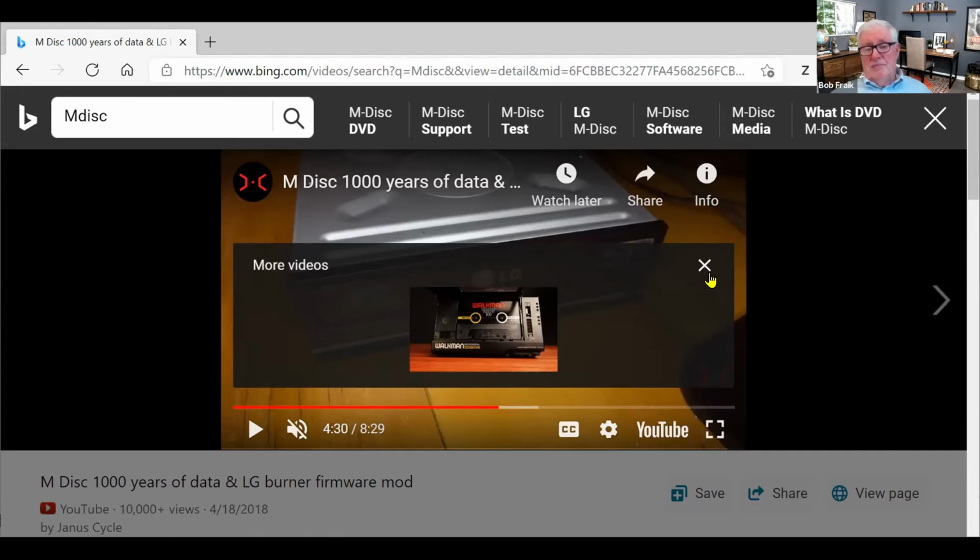So I'm sure that the people who have the storage business are working very hard to come up with an archival approach.